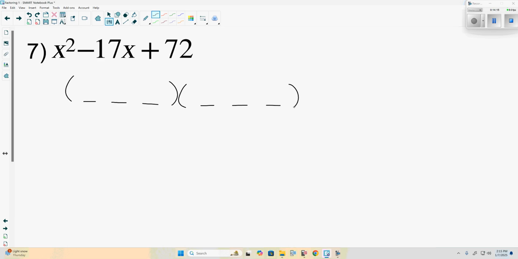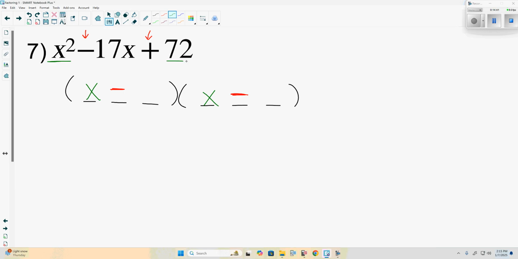The third term in this case is what? Positive, so the signs are the same and match the sign of the middle term, which is negative, so they're both negative. Now we need to find the factors of the first and third term. Factors of x squared: x and x. So that's not bad.